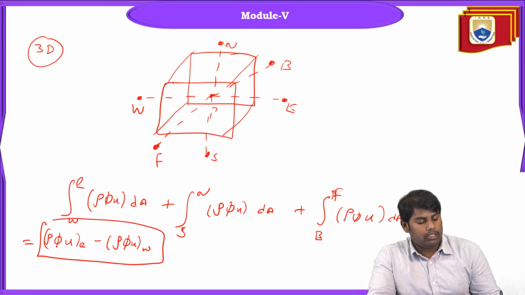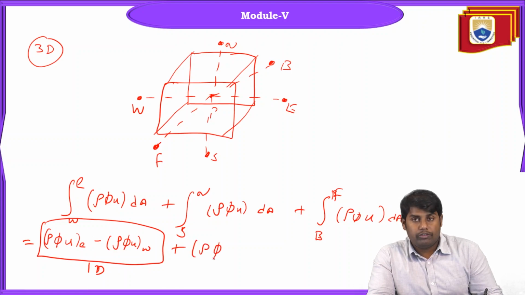This is for the first term, so basically you can take it as 1D. The combination of this gives us 2D: ρφu at north minus ρφu at south.